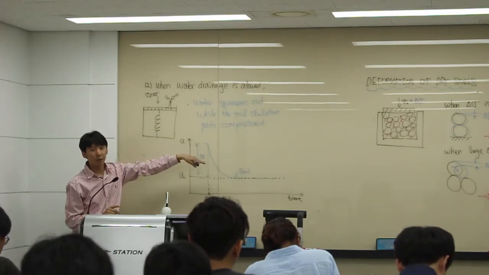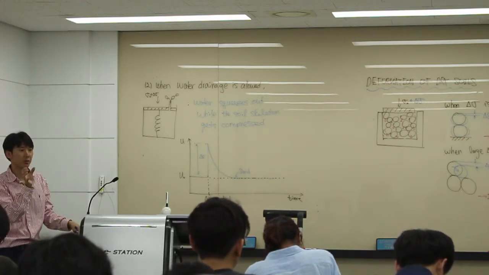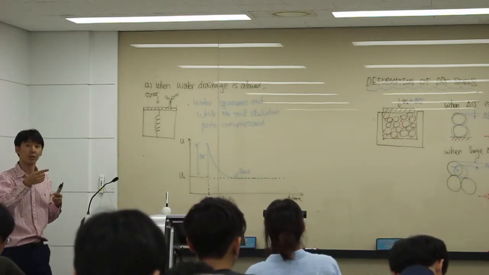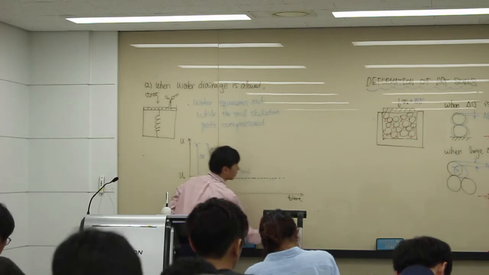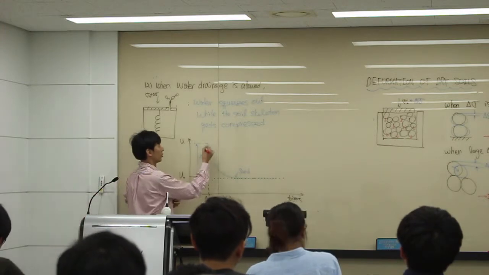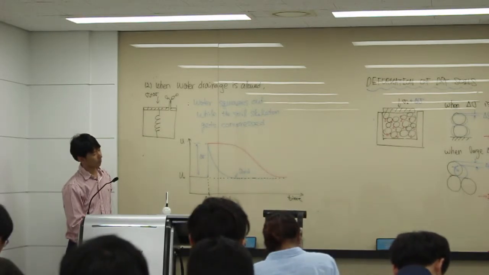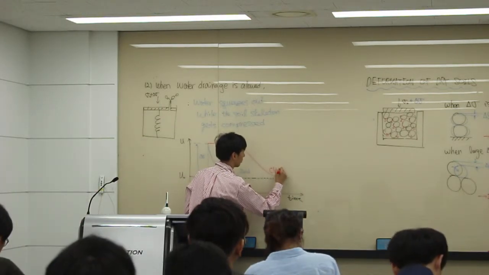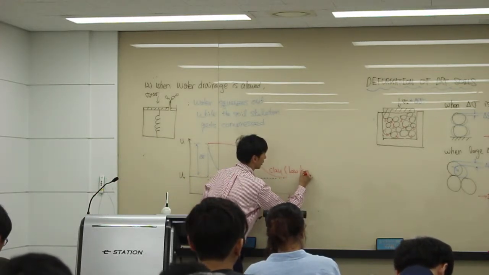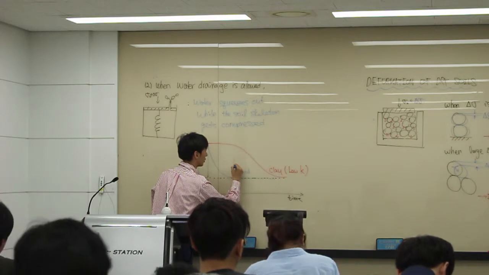The pore pressure decreases really fast because the sand has a larger pore size, so the water can be squeezed out very quickly. If you think about the clay, it has very low permeability. So clay has low K, low permeability, and sand has high.